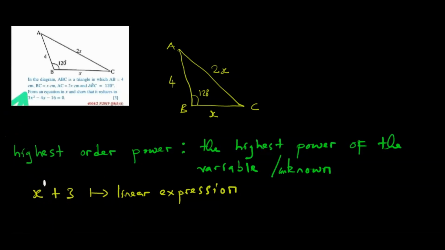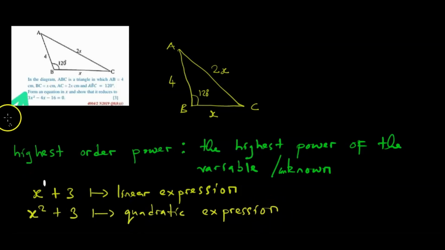If we make the highest power of the unknown to be 2, x squared plus 3, for example, this is now called a quadratic expression. Why quadratic? Because the largest power of our unknown is 2. Then when we go to the power 3, we are now talking about what?